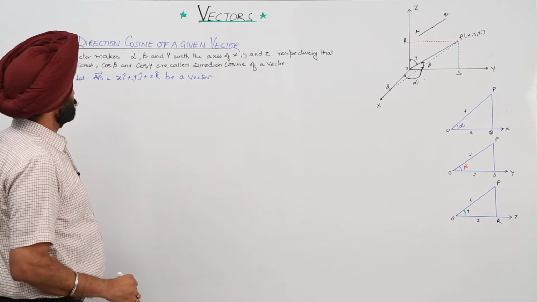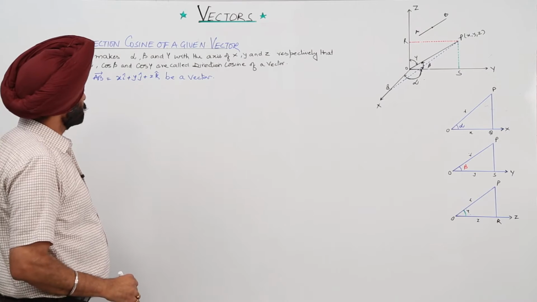Vector AB is equal to x i cap plus y j cap plus z k cap.